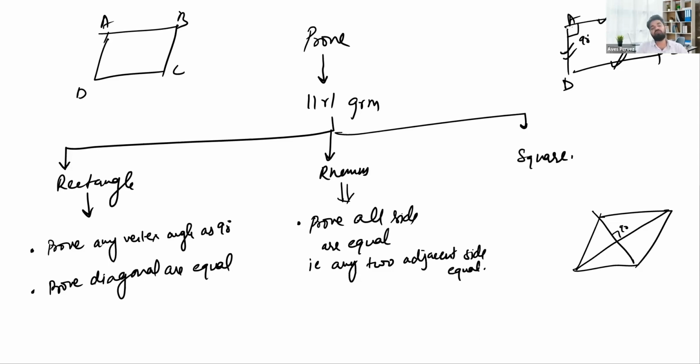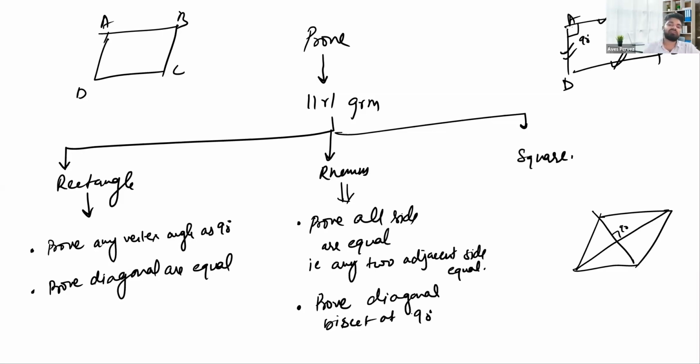If you have proved that ABCD is a parallelogram, and in that parallelogram you have also proved that AD is equal to DC, this side equals this side, then it will automatically become a rhombus. Or you can prove that the diagonals bisect at 90 degrees.